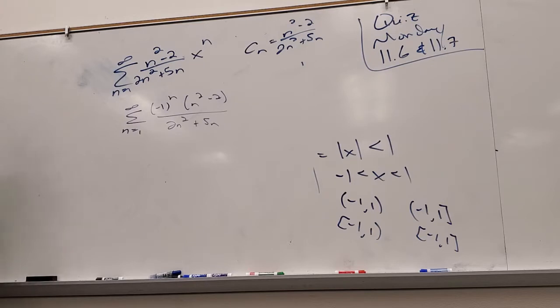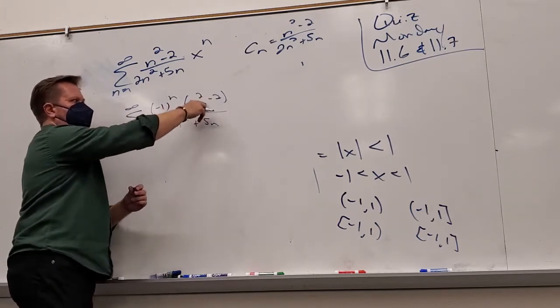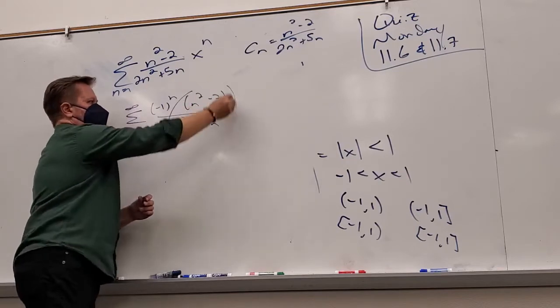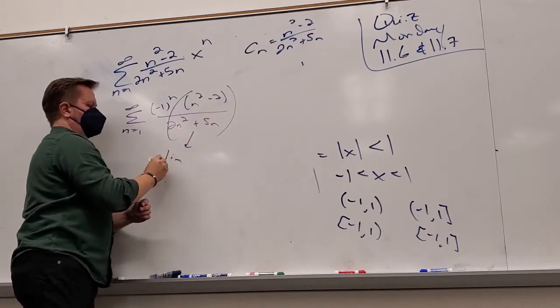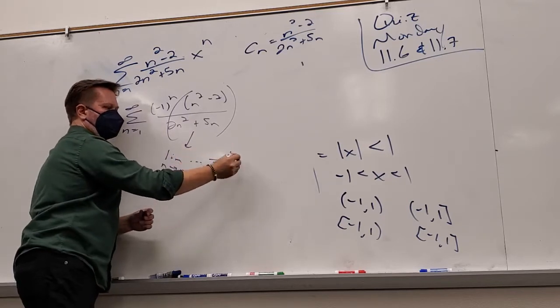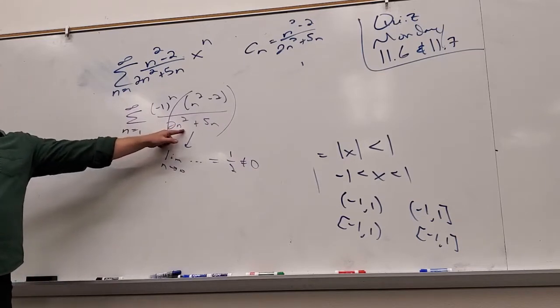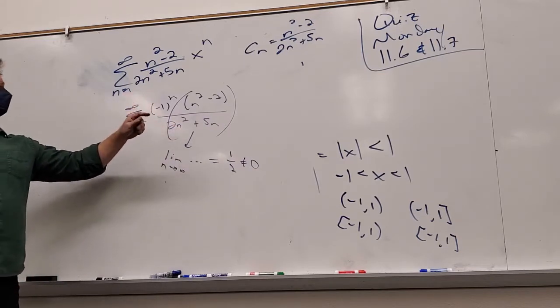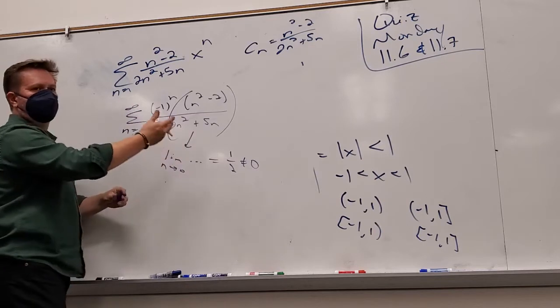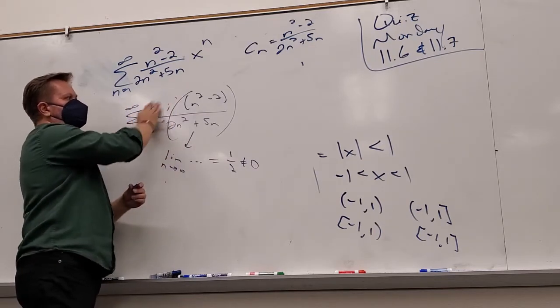Well, the limit has to be 0. What is the limit of this? 1/2. So the limit of this equals 1/2, not 0. So is this convergent? Nope. And of course, if I let x be 1, then it's even worse. If x is 1, then this is just 1.